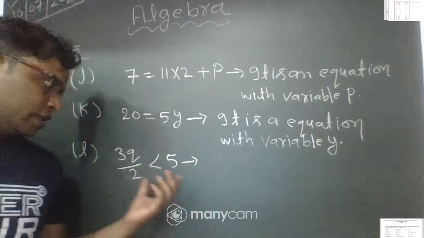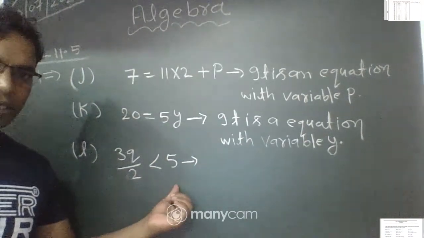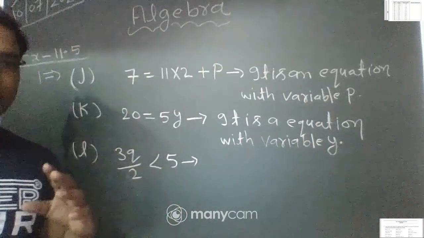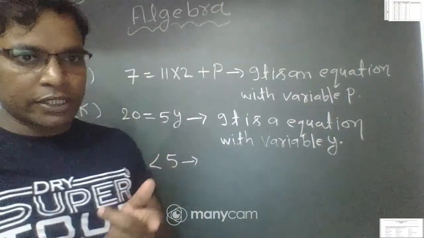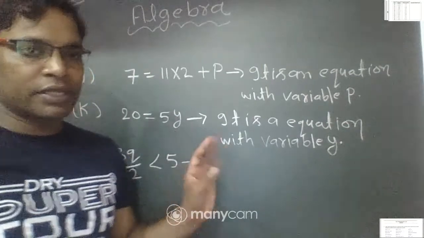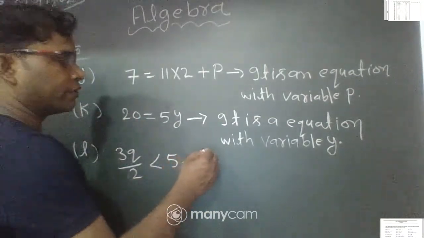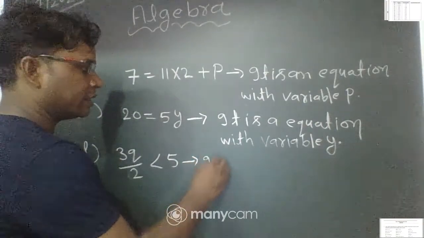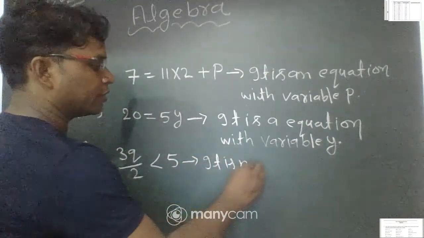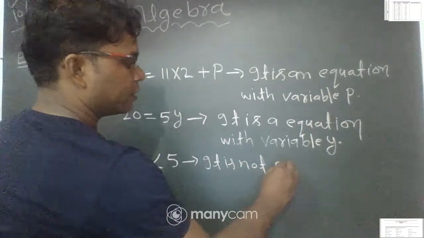Okay, here the left hand side is less than the right hand side, which means the left hand side is not equal to the right hand side. Then we can say it is not an equation. So we can write here, it is not an equation.